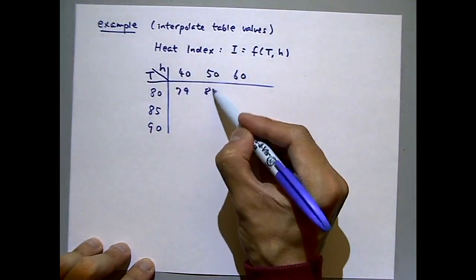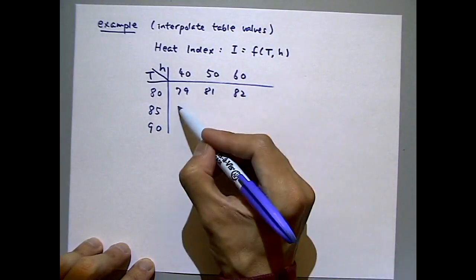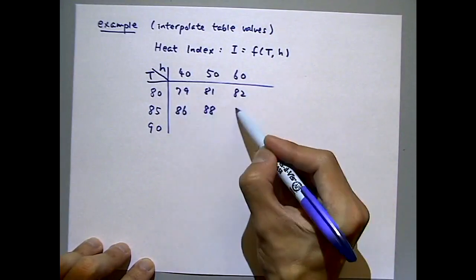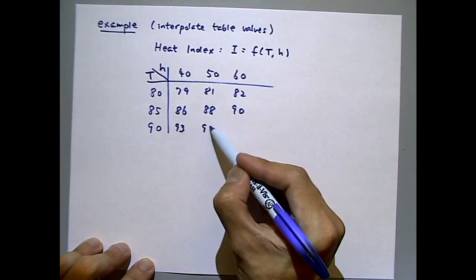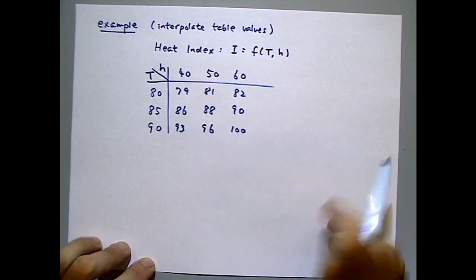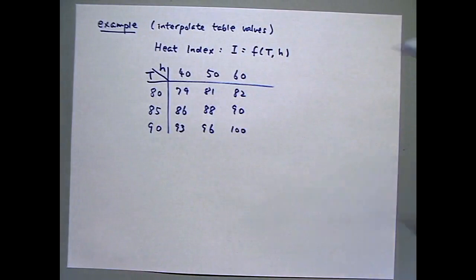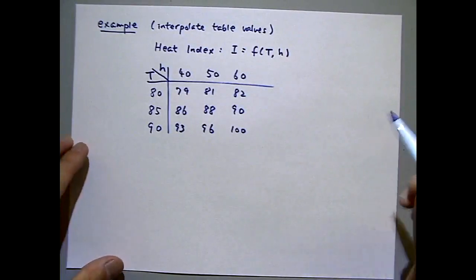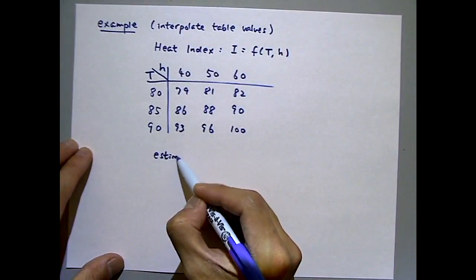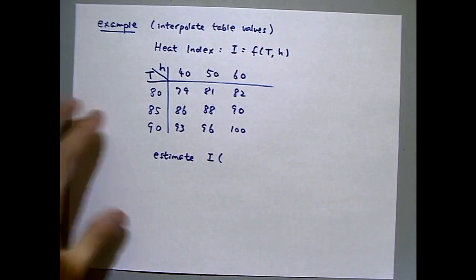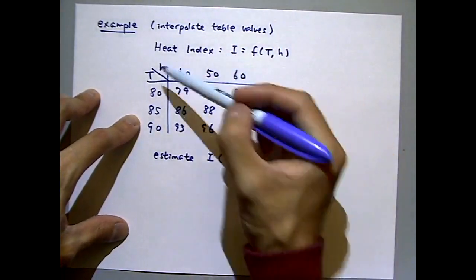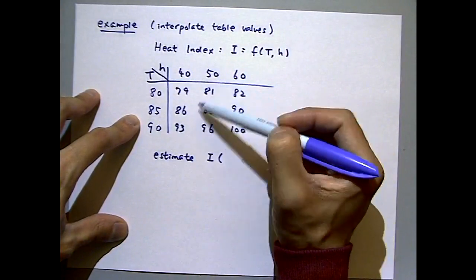Okay, so this is just directly from the table I've shown earlier. It gives us the heat index in increments of 10 degrees and 5 degrees, and then increments of 10% humidity. So for example, you got this table here. You know, for example, the heat index at temperature 85, humidity 50 is 88.